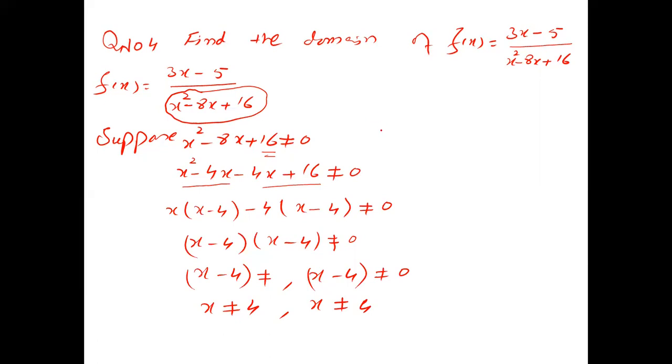So write domain equal to real numbers minus, always write set, minus 4, only one value. And how to write real numbers?